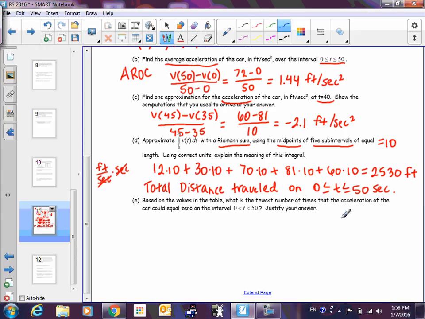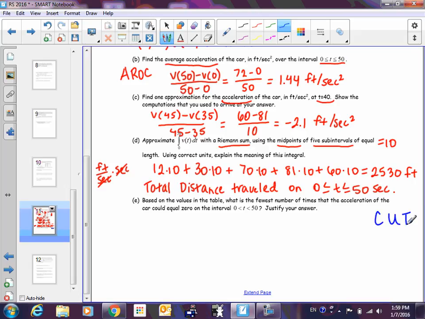I have mentioned this before, but I'm going to go ahead and mention it again. As we go, you'll hear this a few other times. There's an acronym that you may find useful when making sure that you interpret the meaning. The C stands for context. You have to put something about the problem. In this case, it was the distance traveled. It wasn't temperature or gallons or anything like that. What do you think the U stands for?